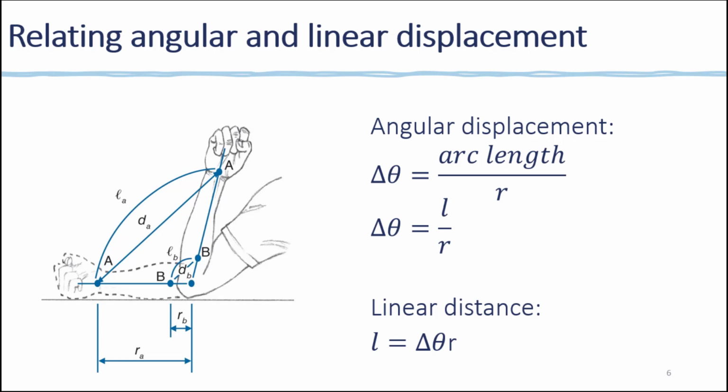So if the angular displacement is measured in radians, then the linear distance traveled, or the arc length, is equal to the product of the angular displacement and the radius. Now, this is only true if this angular displacement is measured in radians. That's the only way this relationship works.